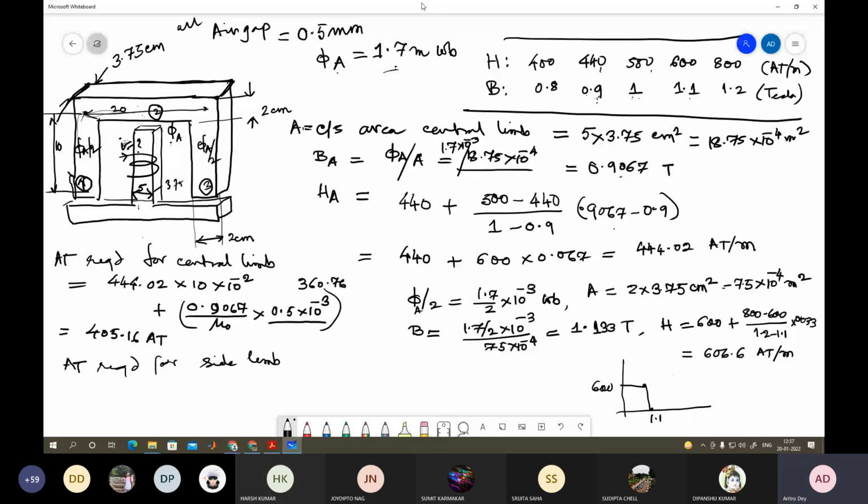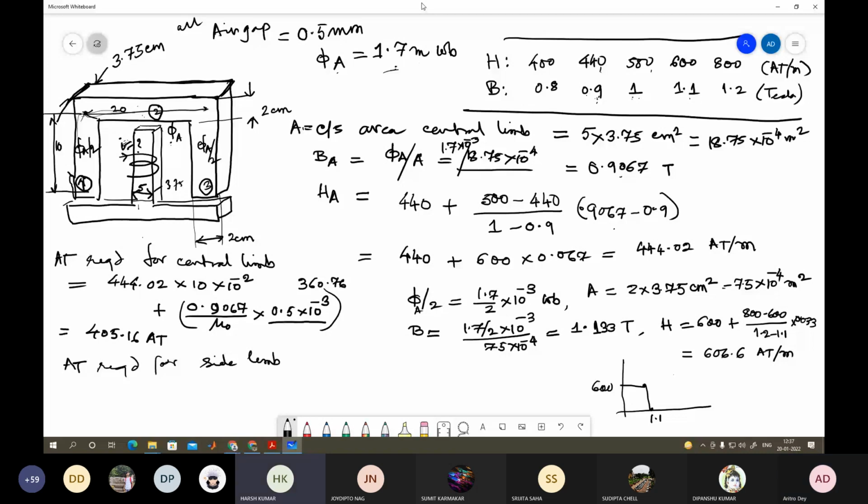So that is what I am doing. 600 plus, what is the slope for this line? It is 800 minus 600 divided by 1.2 minus 1.1. And then for the small delta change, that I am multiplying. Got it? This is the interpolation, actually. This is how we interpolate.